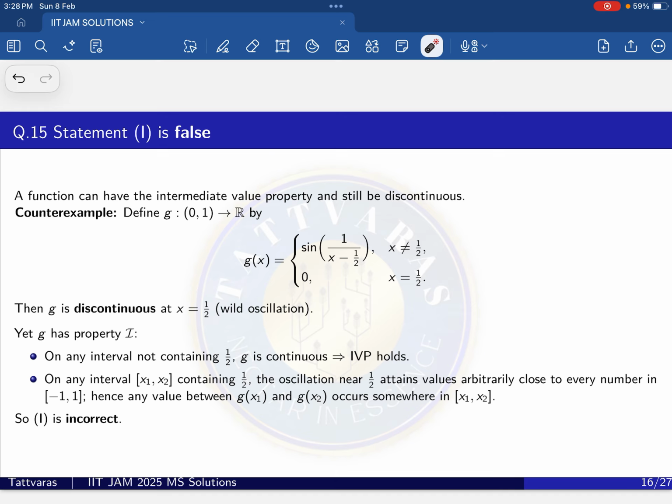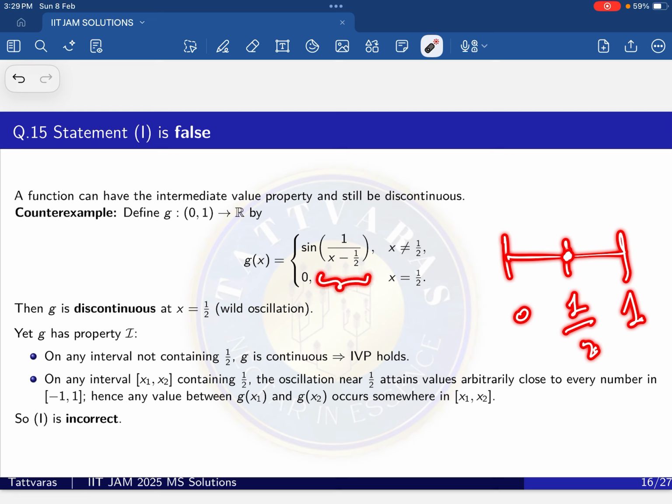Why is it interesting? Here if you see the sine function, it is defined on (0,1), and at half there is a problem. At half it is defined as 0, and outside half, x minus half can be arbitrarily small both on the positive side and the negative side.